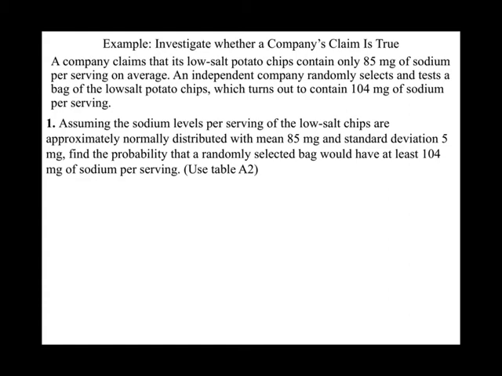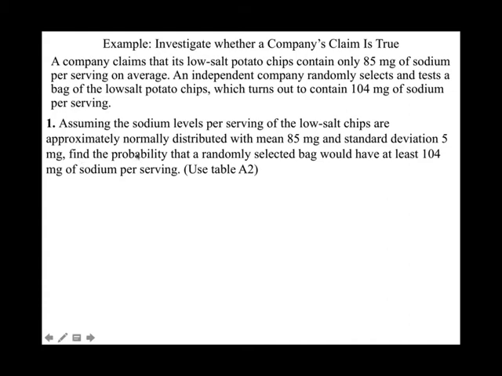Assuming the sodium level per serving of the low-salt chips is approximately normally distributed, with the mean 85 mg and standard deviation 5 mg, find the probability that a randomly selected batch would have at least 104 mg of sodium per serving. And this example will be using the table A2.